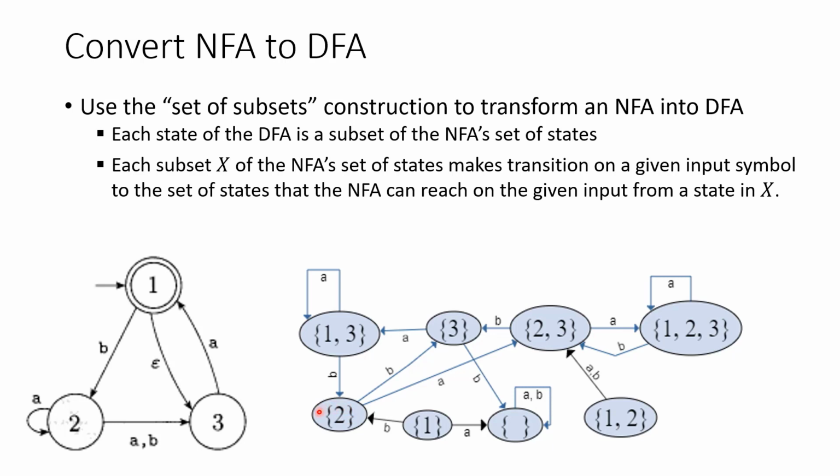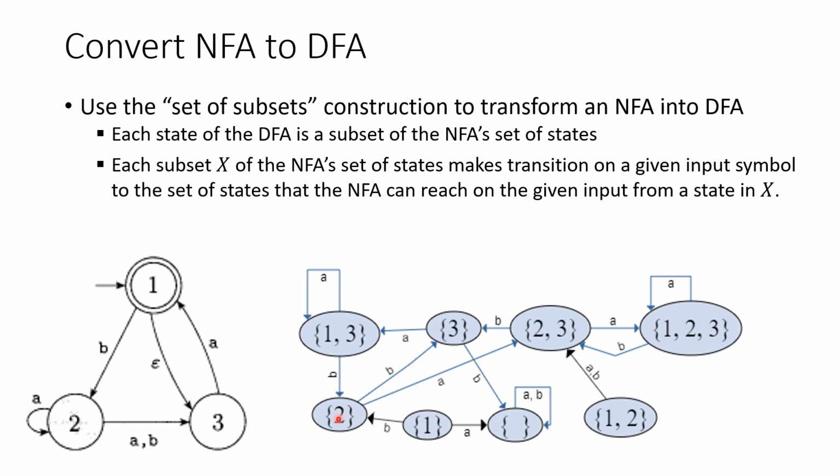And let's consider another example. If X is a subset that consists of just the state 2, then in this case it's easy. If we consider the given input symbol to be B, then from 2 and on the input symbol B, it can only go to 3.